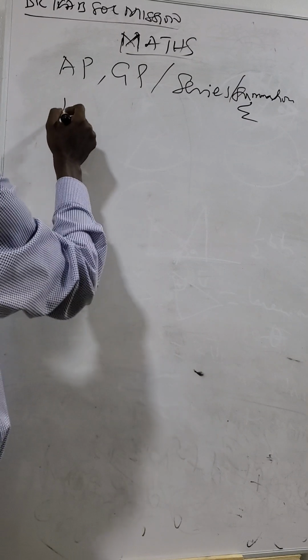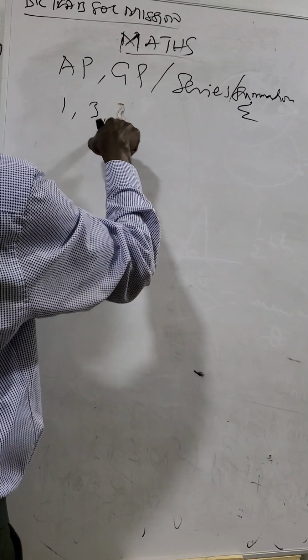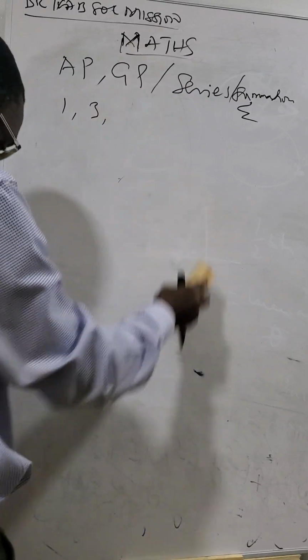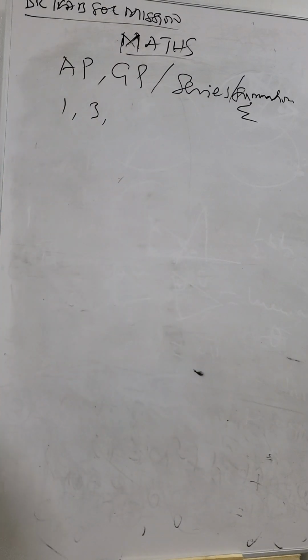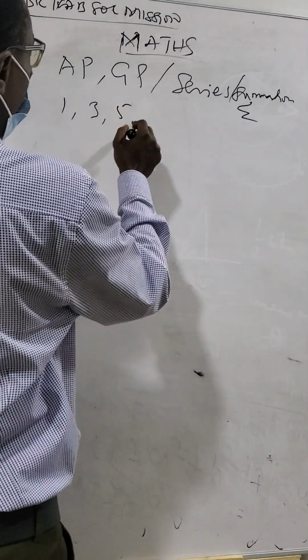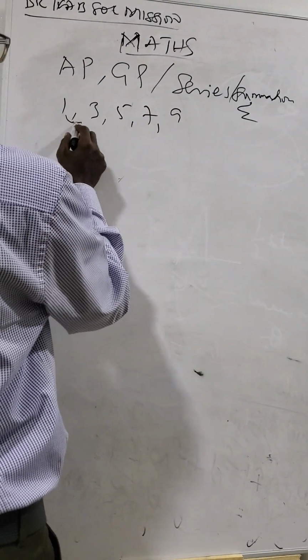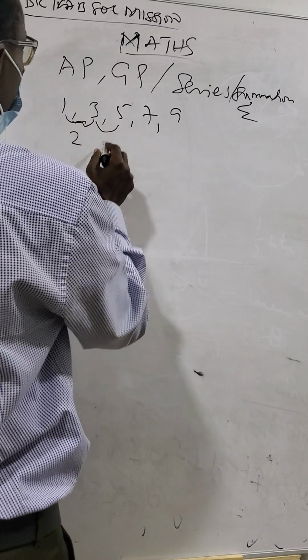Let's say I have these numbers 1, 3, 5, 7, 9. You realize that from 1 to 3, we added 2. From 3 to 5, we added 2.